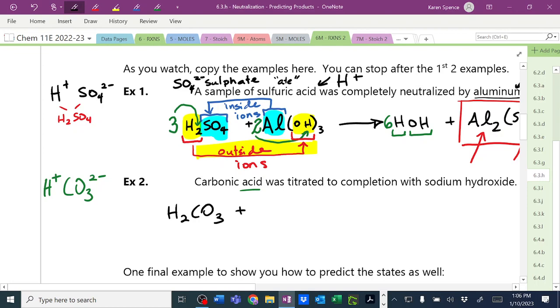Was titrated, whatever that means, you'll learn it later, with sodium hydroxide. Sodium has a +1 charge. Hydroxide has a -1 charge. Oh, that's nice and easy. So that's just going to be NaOH.